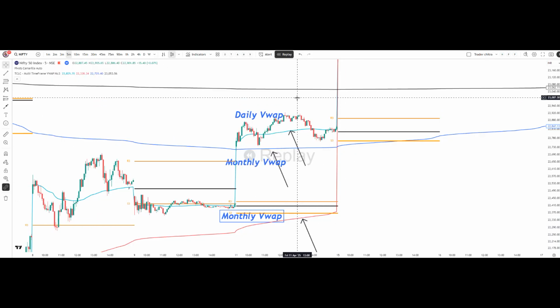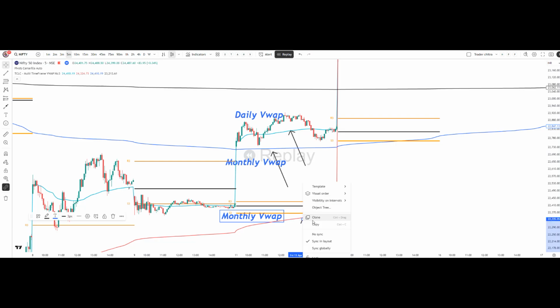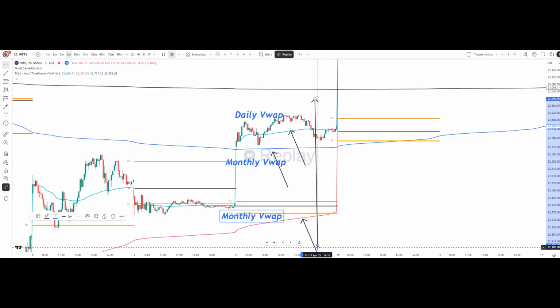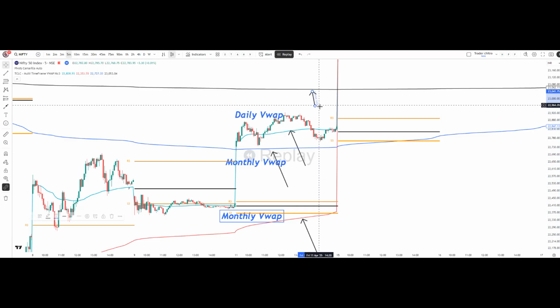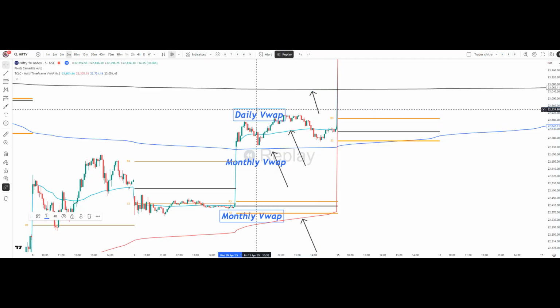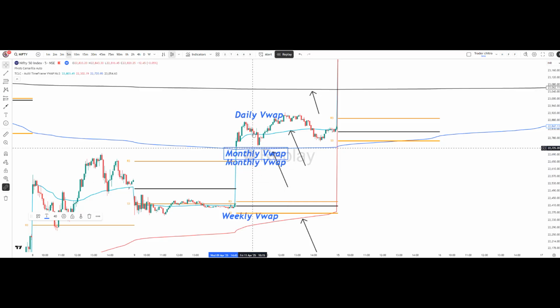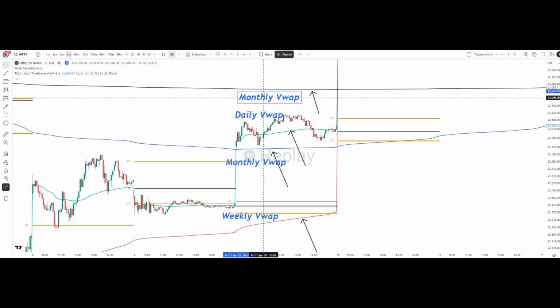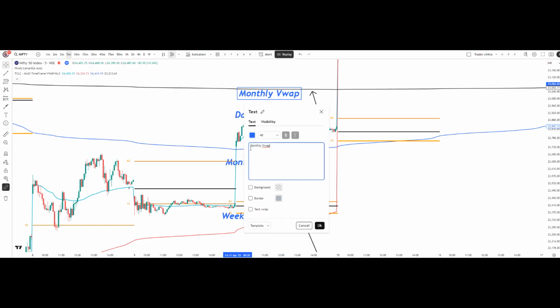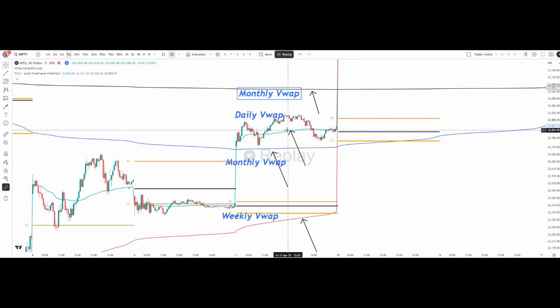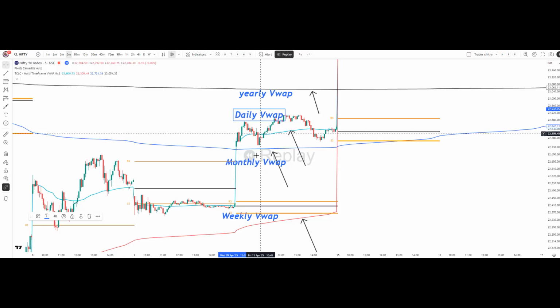And this is the black color VWAP, that is the yearly VWAP. So this is the daily VWAP, this is the monthly, weekly VWAP and the yearly VWAP.